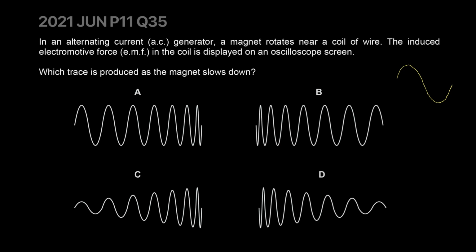As soon as you start rotating it, a current will be induced in the coil, and the more you rotate it, the harder it is to rotate it more, because it's fighting the magnetic field, right? And the faster you do it, you're essentially putting a lot more energy into it. That's why the amplitude also rises. So our correct answer is actually D.